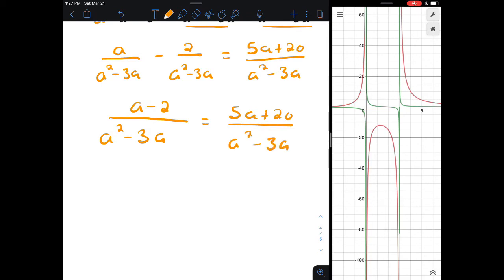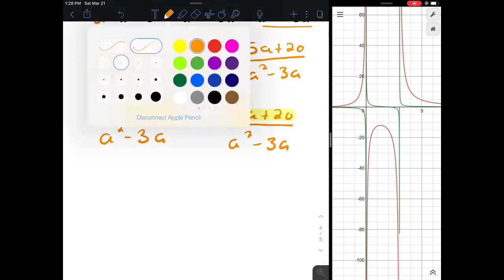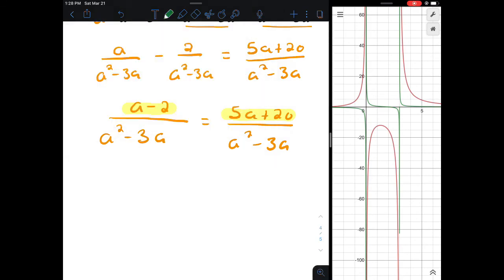Well, now because everything has the same denominators, I can set my numerators equal to each other and say, all right, a minus 2 has to equal 5a plus 20. So a minus 2 has to equal 5a, or plus 20, excuse me.